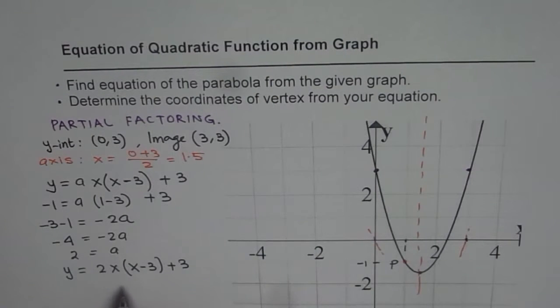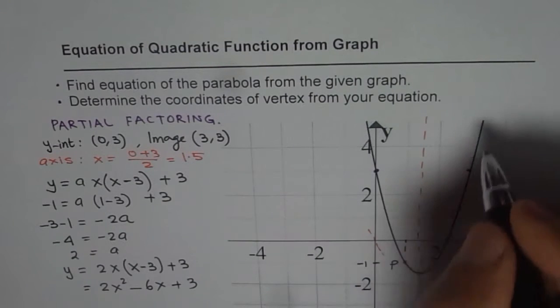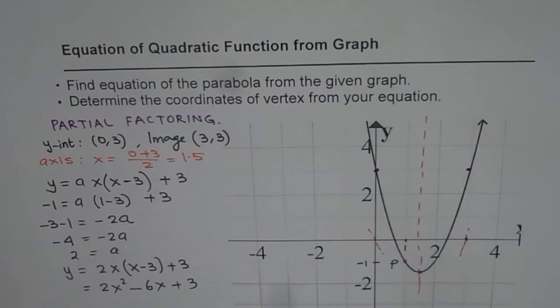So we'll do that later. First let me write down this equation in standard form. See how easy. Let's expand. So we get 2x squared minus 6x plus 3. So that is the equation in standard form. This equation represents your given parabola, correct?